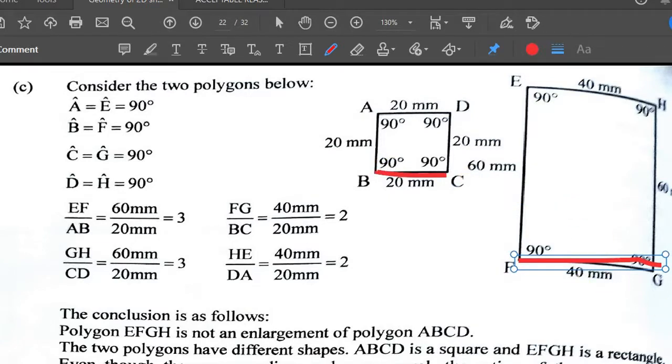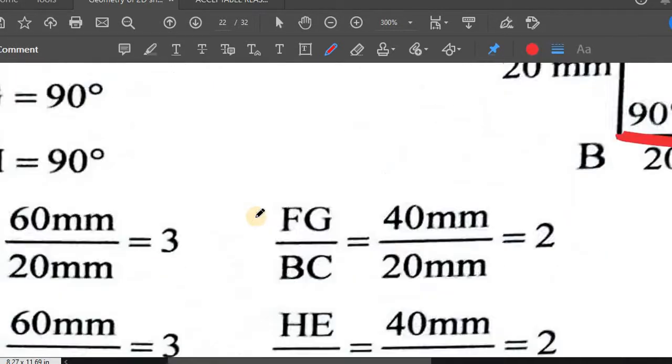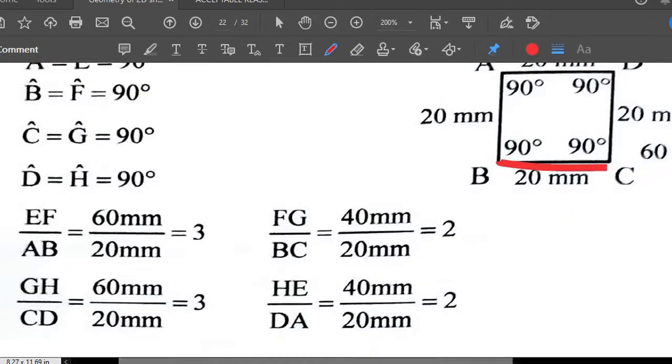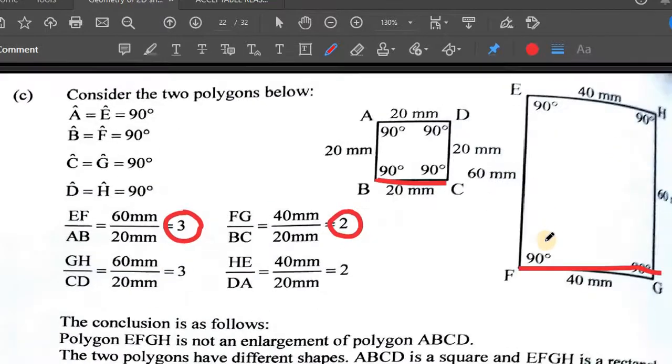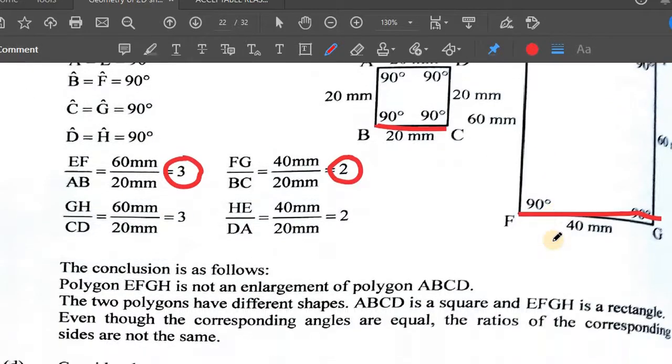Now we take the larger one over the smaller one, so 40 over 20. Now can you see this here? Let me zoom in and show you this. Can you see one of my ratios gives me 3, or 3 over 1, and the other one gives me 2? This immediately is going to tell you that the sides are not in proportion, right?